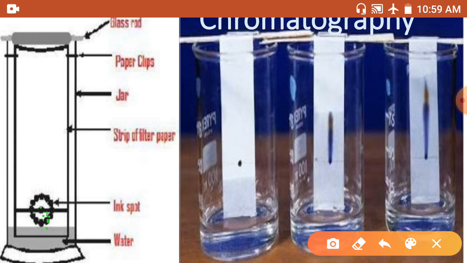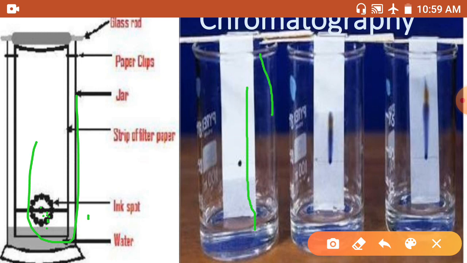Now suspend the filter paper strip in a jar containing a little water, so the ink spot is slightly above the level of the water.